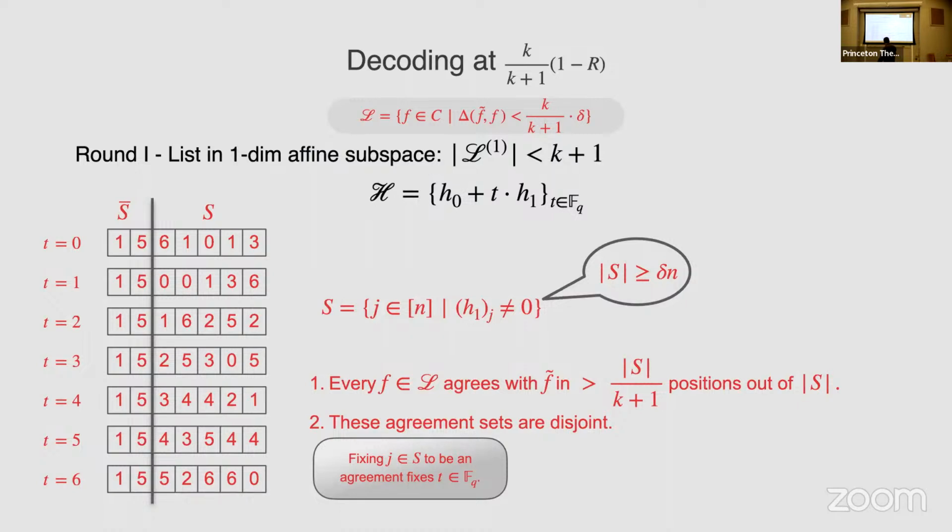So overall, we use two things. One, that this set was large. That means that all these agreement sets cover a 1 over k plus 1 fraction, and that the agreement sets are all disjoint. And now we'll slowly start using this in an induction. This was the d equals 1 case. This will become the base case.